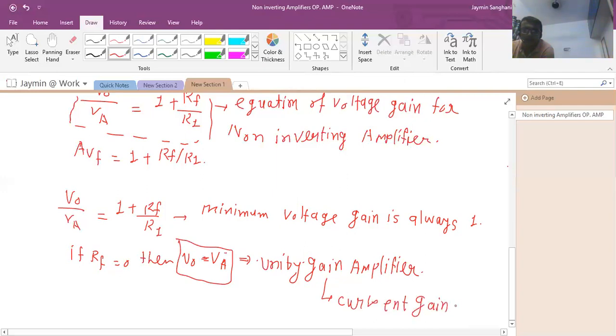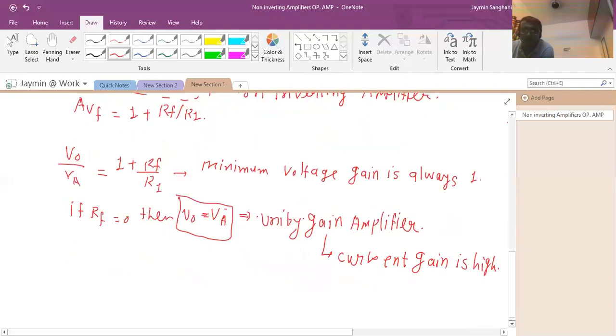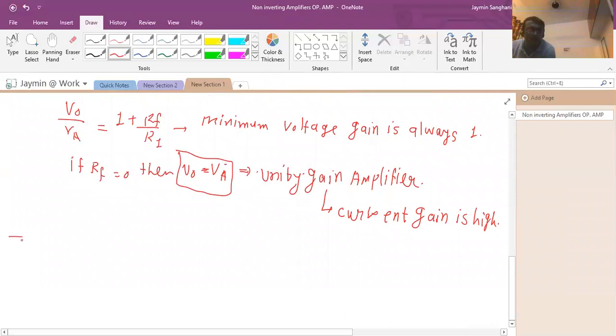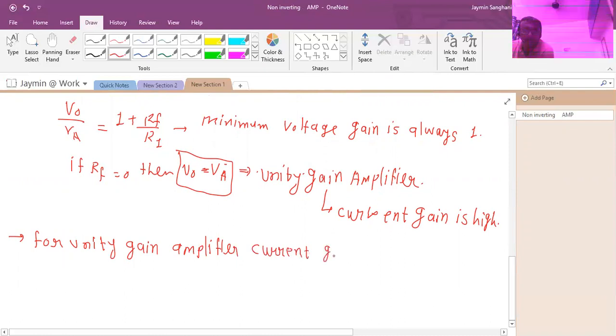Current gain is high. For unity gain amplifier, I have written here, current gain is high.